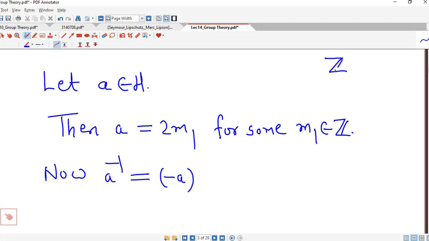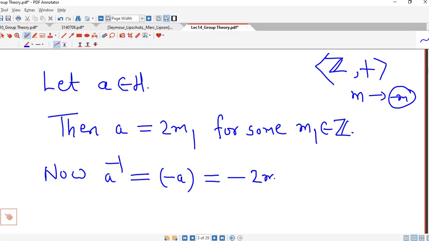If we recall, under the operation of addition, the inverse of any integer is its negative. So a inverse equals minus a, and here this a is 2m1, so we can write minus 2 into m1.